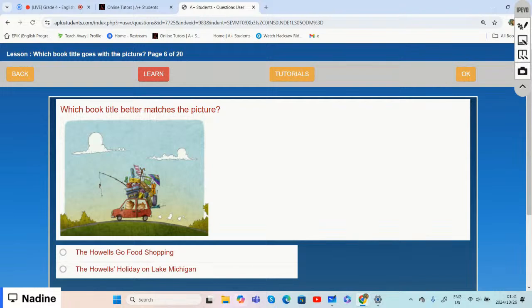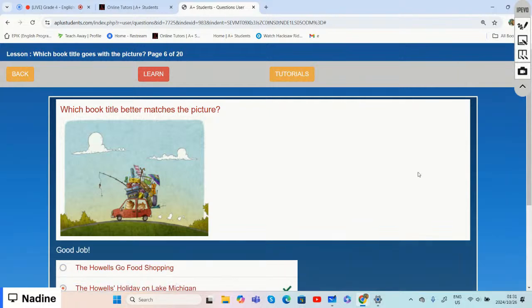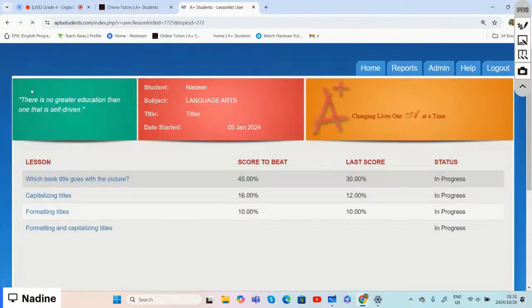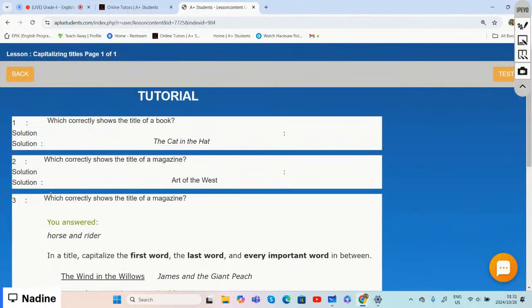And if we were to choose the correct option, we'll say option two, The Howells Holiday on Lake Michigan. So well done. Option two is correct. Now we're going to capitalize titles, right?